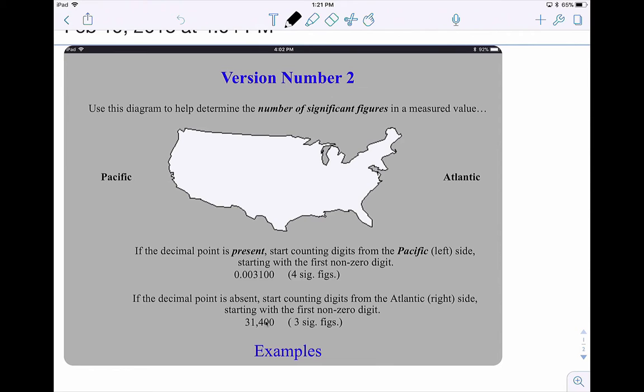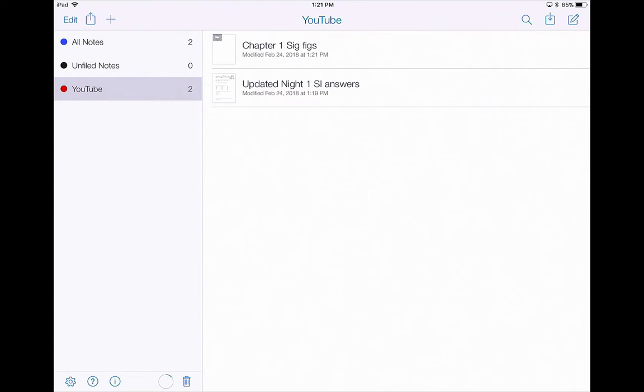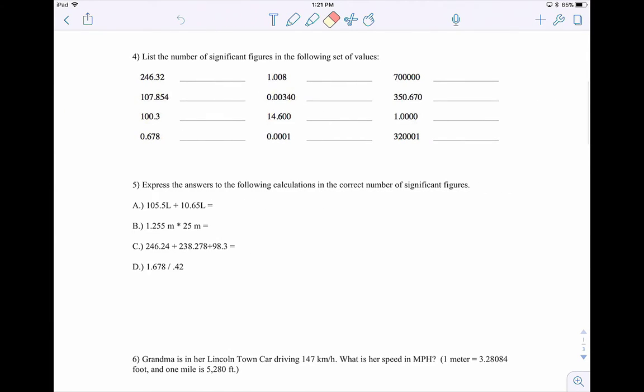This is not significant, but you have these digits, and so you have 3 sig figs. Let me explain something though. If there were to be a 0 here, which would be a weird number, it would still be significant because you start counting at your first non-zero digit and you move all the way on to the end of the number. And so that's what I use when I teach the Atlantic-Pacific rule, and I ignore all those hard rules that they want you to memorize, because frankly, as long as you can work the problem correctly, it doesn't matter.